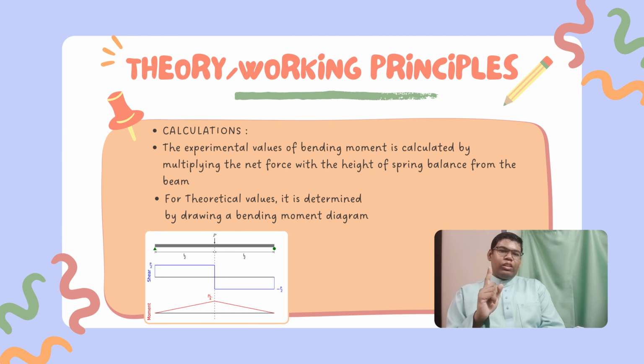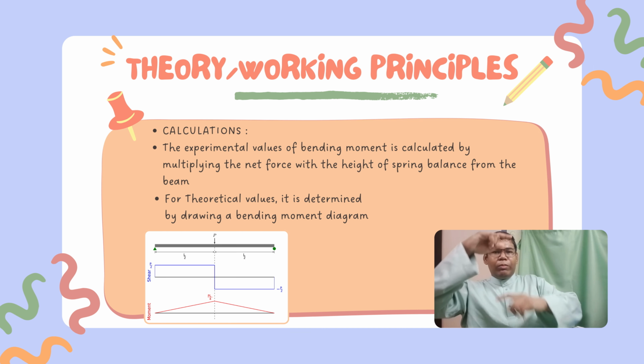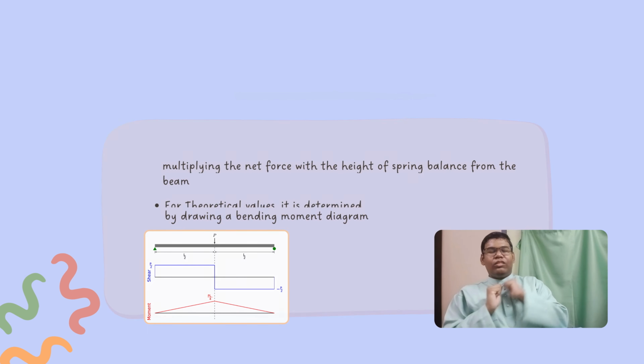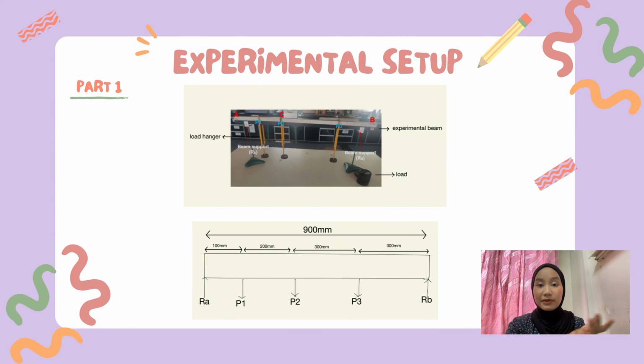The first one is the experimental values, which is calculated by multiplying the net force exerted by the beam by the height of the spring balance from the beam itself. And the second one is the theoretical values, which is determined by drawing a bending moment diagram, which is depicted here.